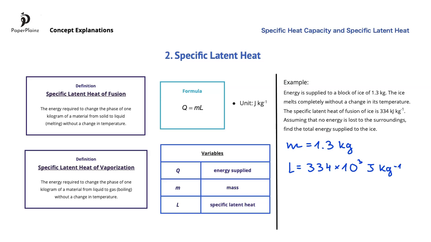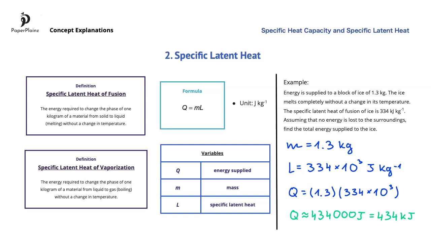Substituting into the formula, we get Q is equal to 1.3 times 334 times 10 to the power of 3. This gives us approximately 434,000 joules for Q, which we can write as 434 kilojoules. So this is the total energy supplied to the ice block.